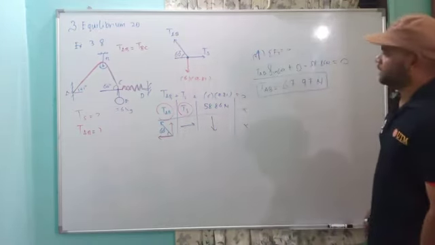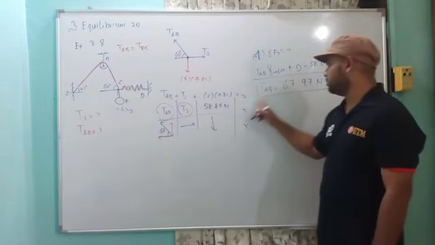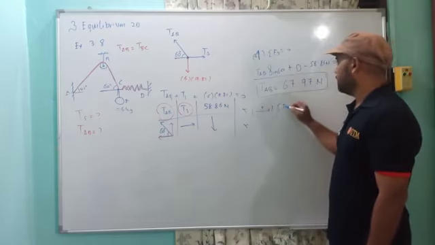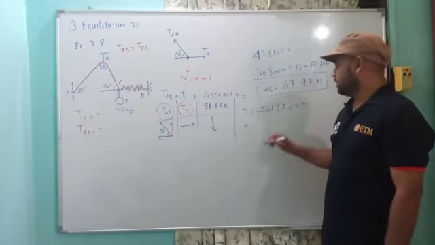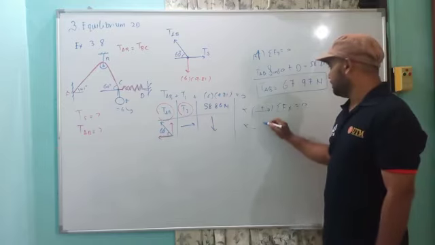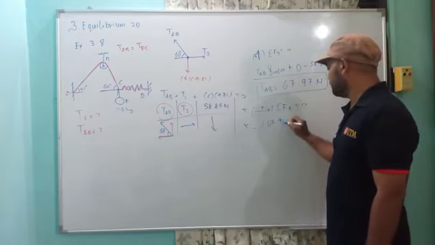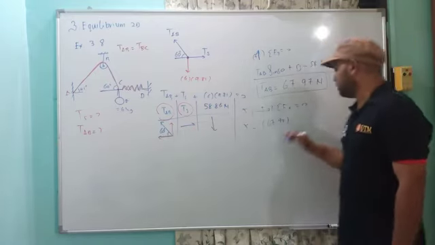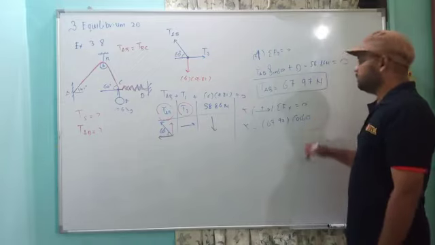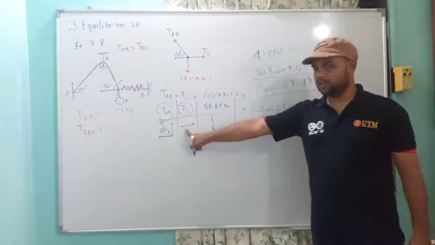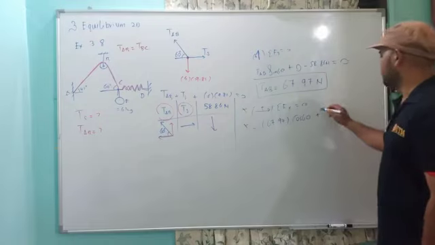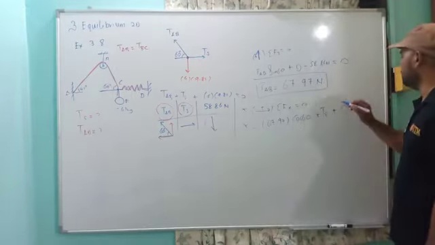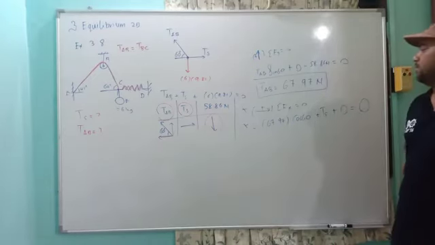For the second direction, now we can solve in the x direction because we already have the TAB. So this direction is positive, sigma Fx equals 0. Now I have negative TAB. This is TAB, this is 67.97, using this one, x will be cos 60, plus here the direction into x is positive, so TS, plus this one in the y direction, equals 0.